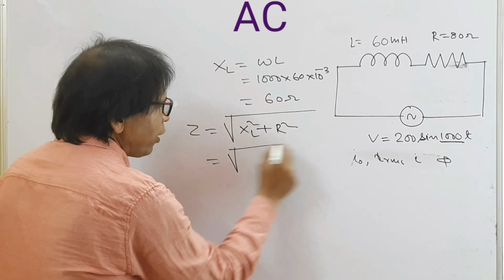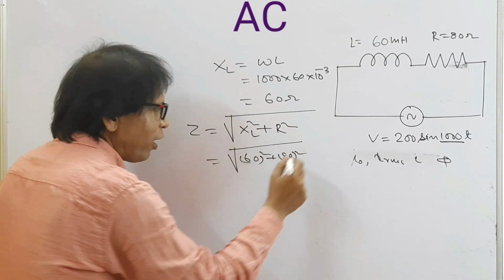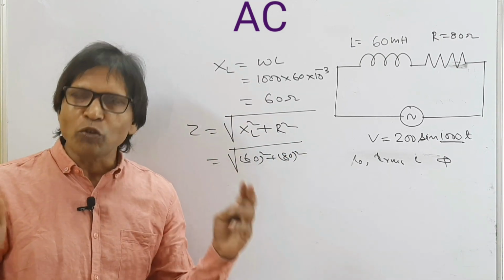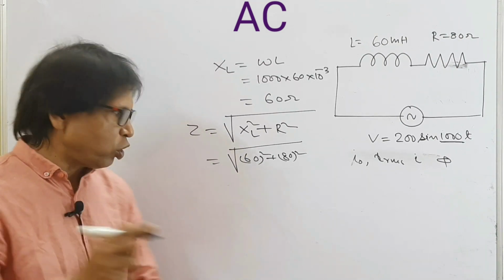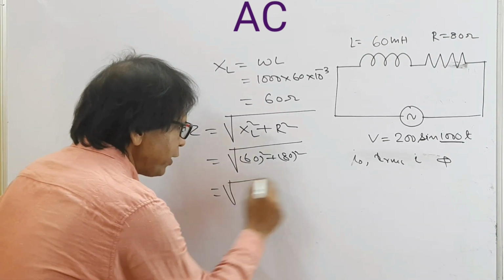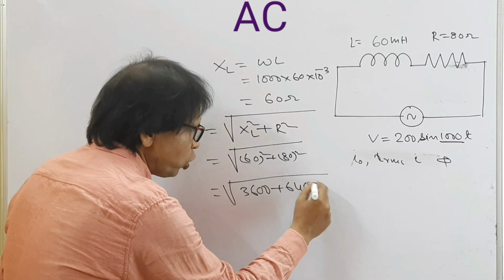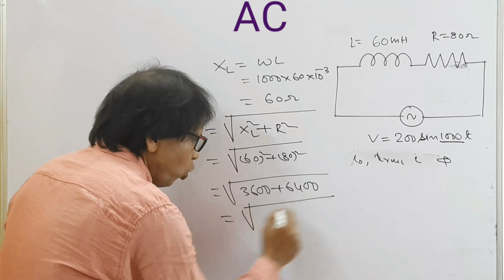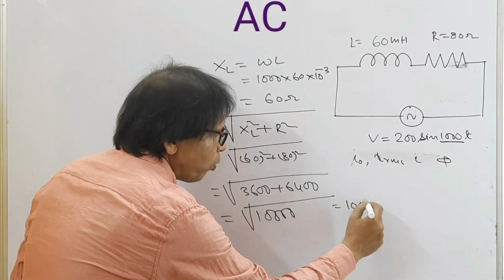So this is 60 square plus 80 square. Now 60 square equals 3600 and 80 square equals 6400. So this is 3600 plus 6400, which becomes 10000. So this is 100 ohm.